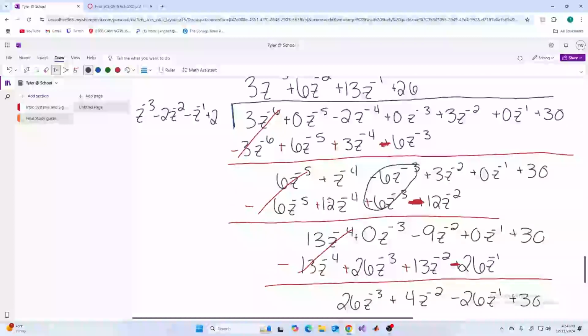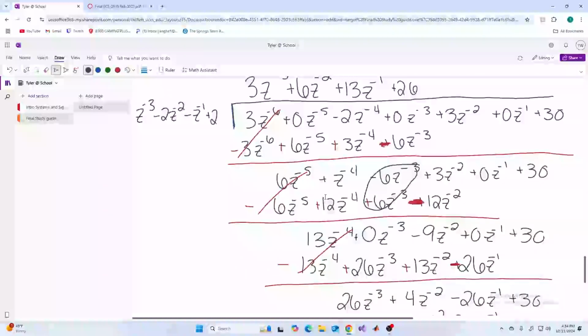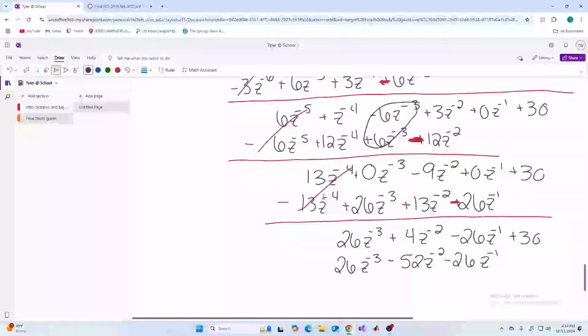Then, 26 times 2 is 52, so negative 52z to the negative 2. And then 26 times negative 1, negative 26z to the negative 1. And then 26 times 2 is 52, plus 52.